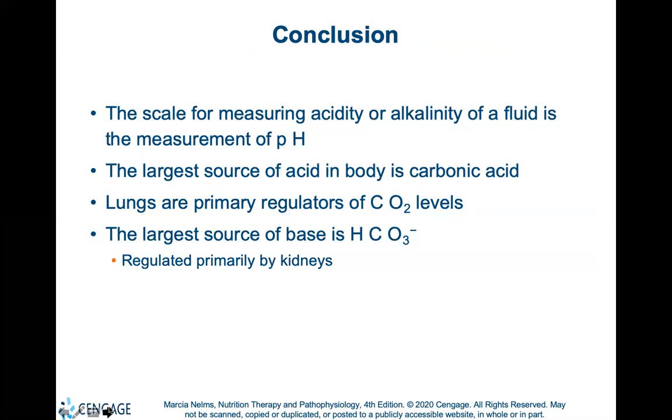Conclusion: remembering basic concepts related to acid-base balance will keep you on track in evaluating these complex clinical situations. The scale for measuring acidity or alkalinity of a fluid is the measurement of pH. pH is the ratio of bases to acids.